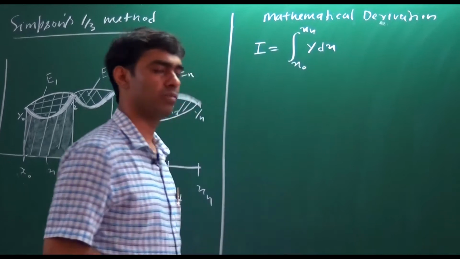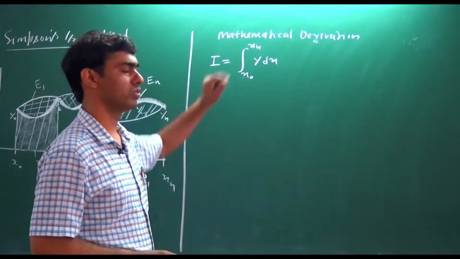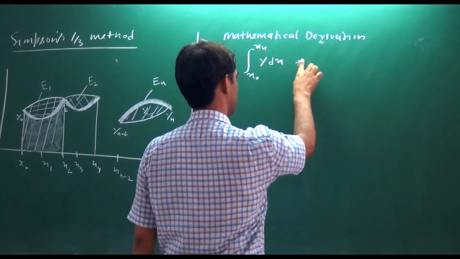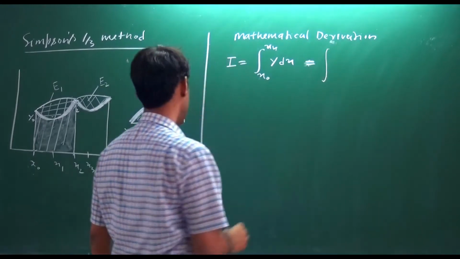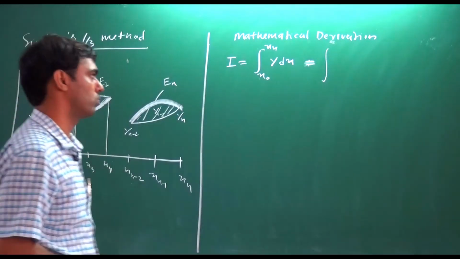Integral of y dx, where y equals f(x), is the function that we are going to integrate from x0 to xn. Here we assume that we split it into the intervals x0 to x2, x2 to x4, x4 to x6.